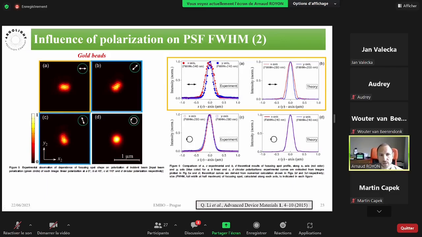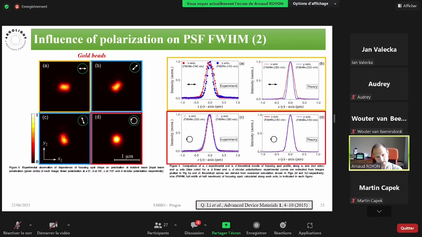When they rotated the linear polarization, they saw that the anisotropy of the full width at half maximum followed this rotation, and when they used circular polarization, they found exactly the same full width at half maximum along X and along Y.